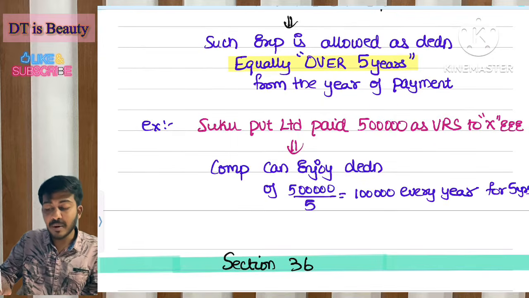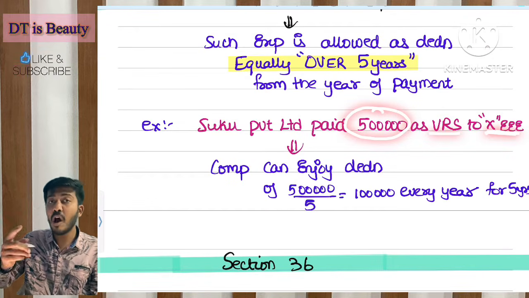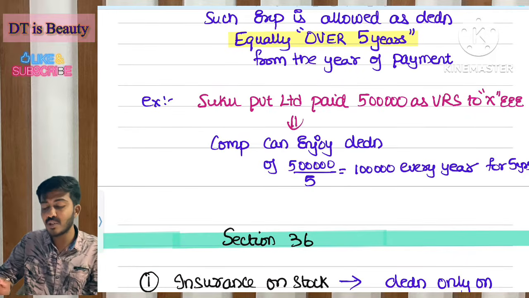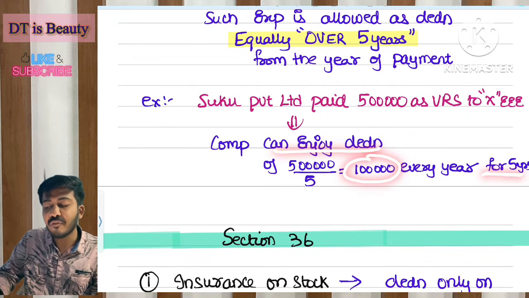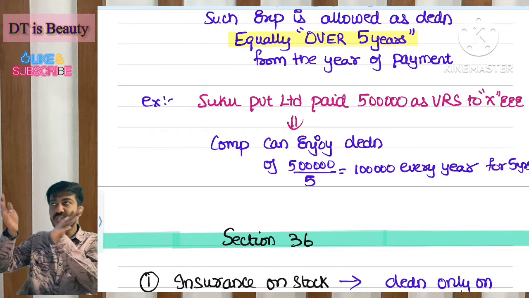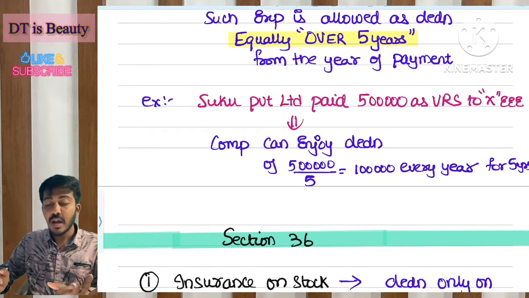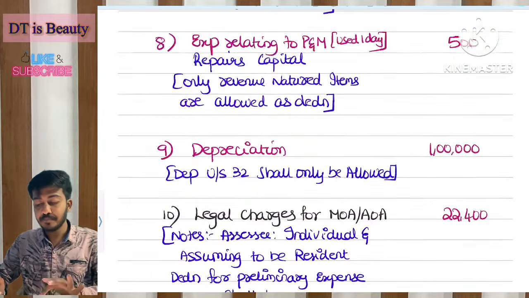Example, Sukumar Private Limited paid 5 lakh rupees as VRS to an ex-employee. Now, how much deduction can Sukumar take each year? The company can enjoy a deduction of 1 lakh every year for 5 years. So over 5 years, 5 lakhs would have been enjoyed. Now come to the P&L and see.